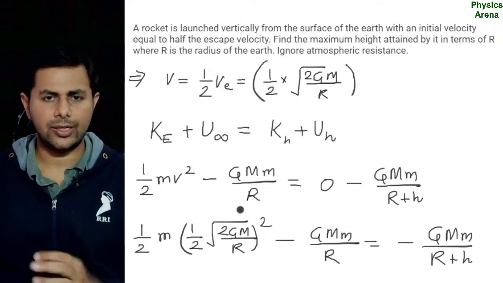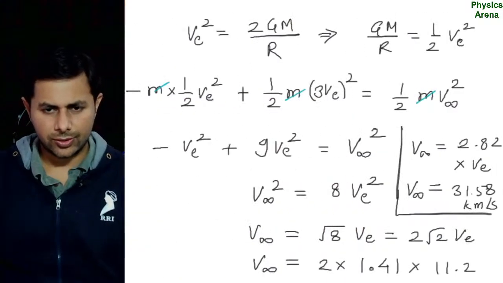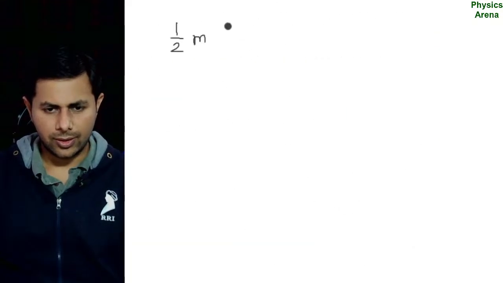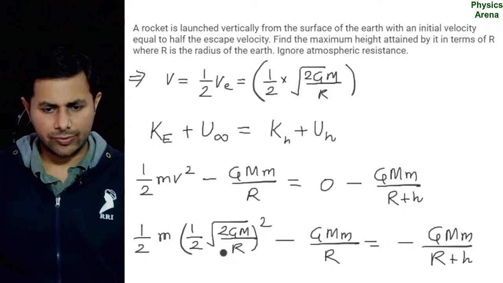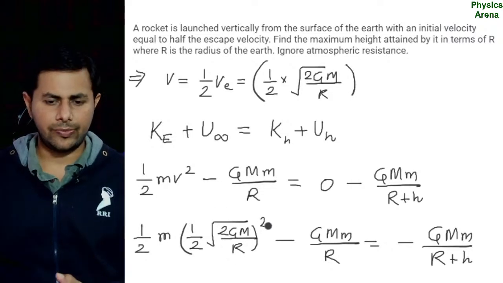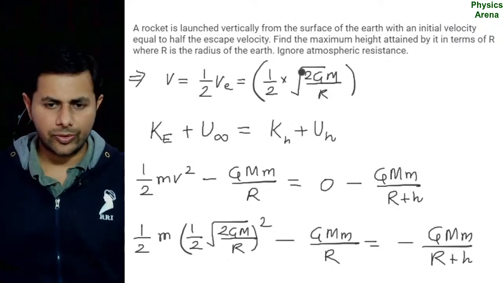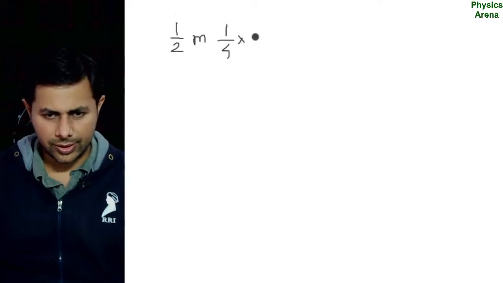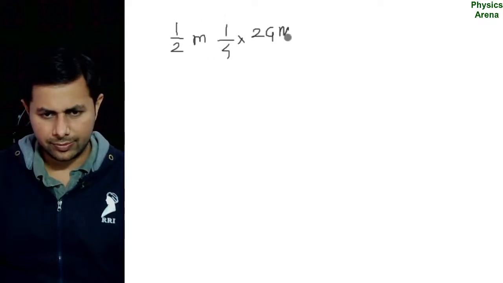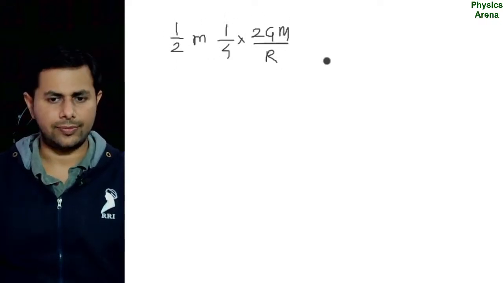The square of half is 1 by 4. It is 1 by 4 multiplied by the square of square root of 2GM over r, which is just 2GM over r. So it is 2 times GM over r.